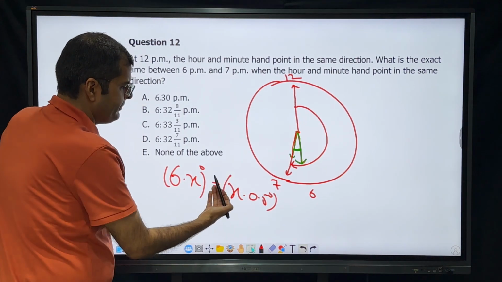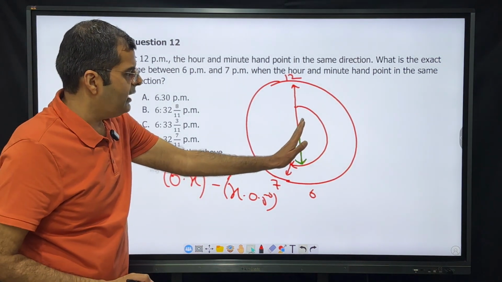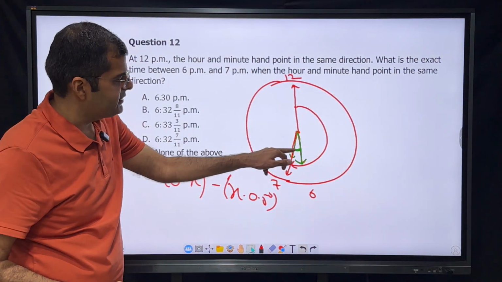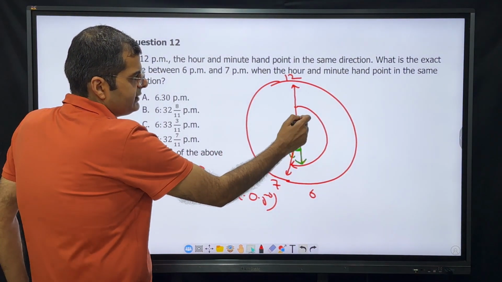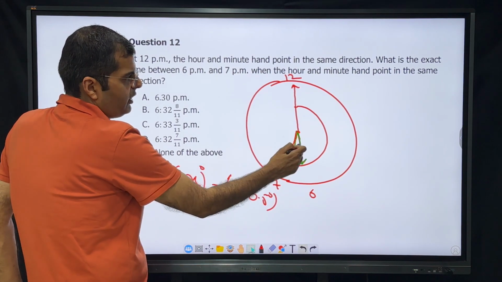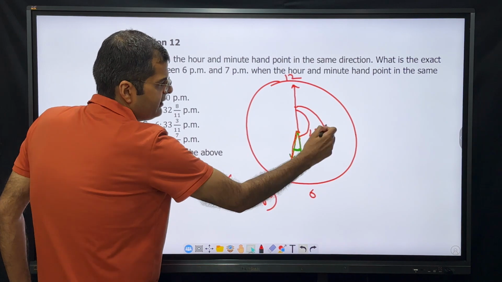Now if I subtract them, if you look at it, the hour hand has moved only this much and the minute hand has moved this much. At 6 o'clock, both of them subtended an angle of how much? 180 degrees.